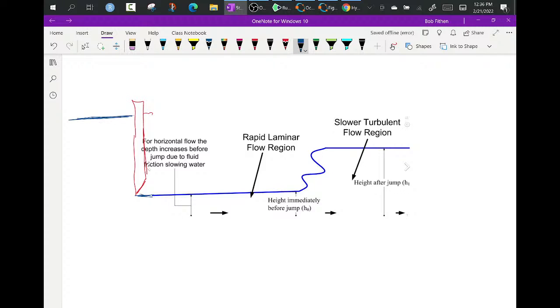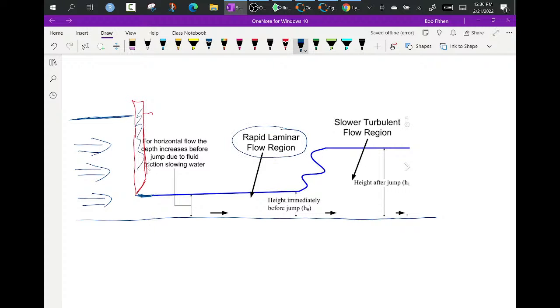So here's your water flowing in here like crazy. And here apparently is your ground. So what happens is it comes out from underneath the spillway, or whatever this object is. It can have a laminar flow region, which would be low or no losses.